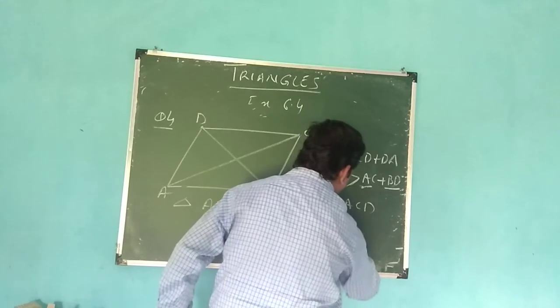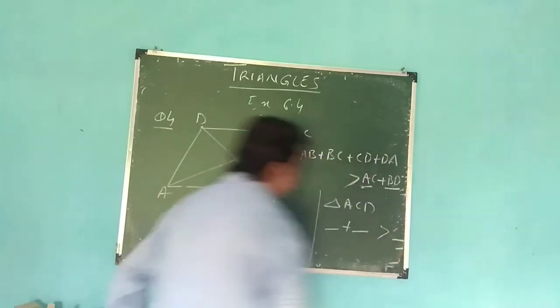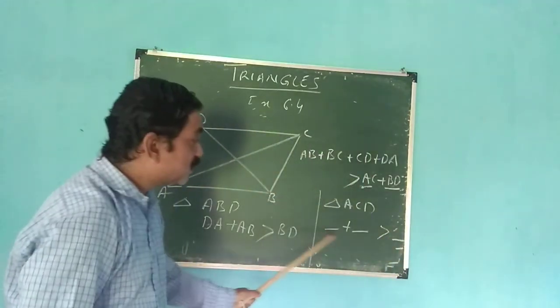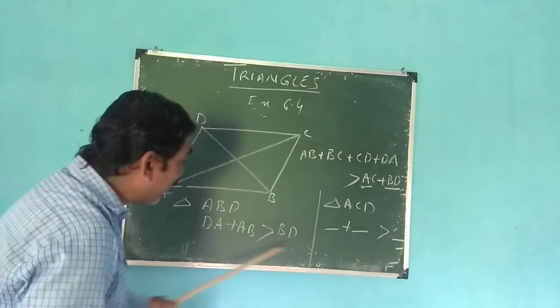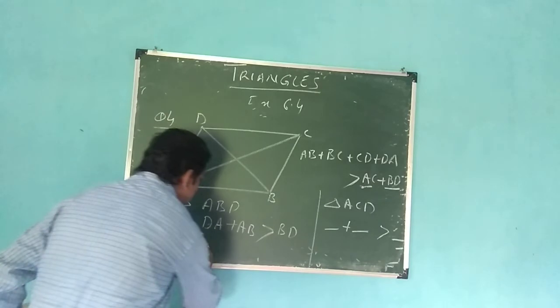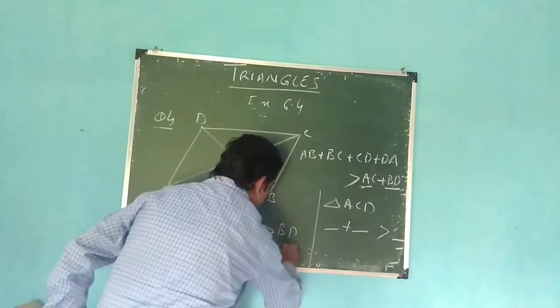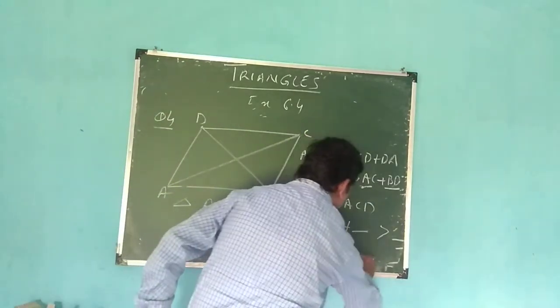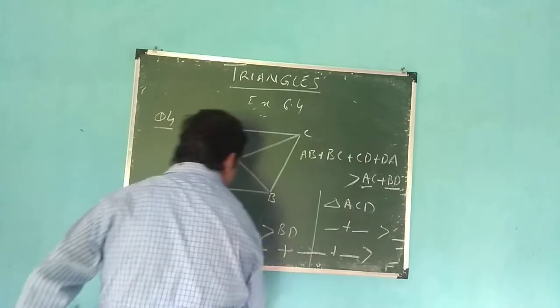Then you find out these two sides, then add this and this. You will find that it is greater than. Let me write it once again nicely.